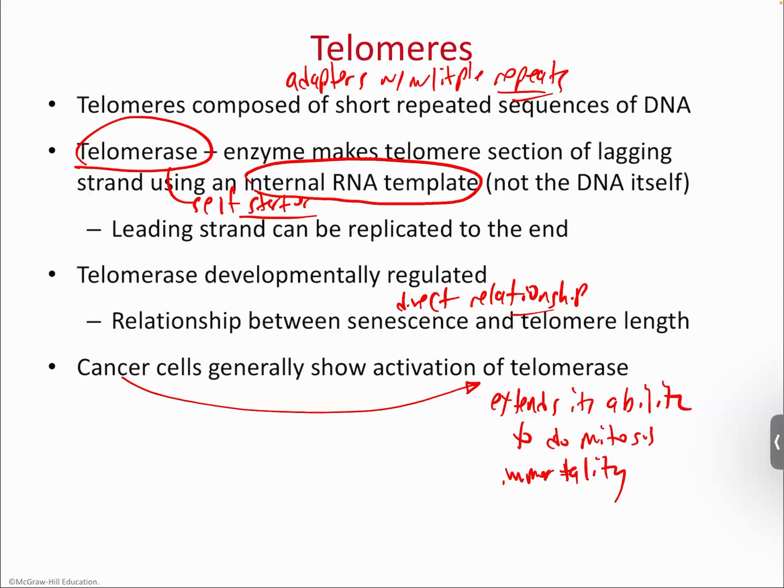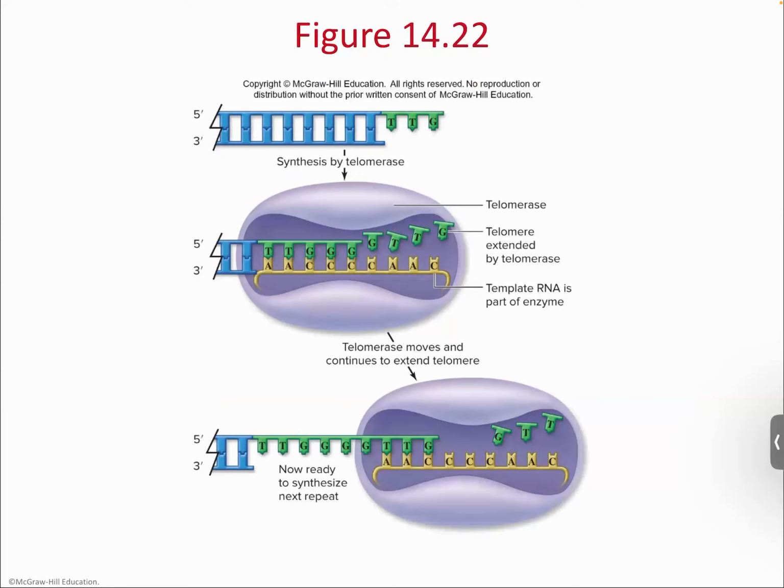Cancer cells, when they become immortal, basically get themselves in a situation where they can do as many rounds of mitosis as they want and they'll never die. Why? Because they've mutated or activated telomerase. So they go through a round of mitosis, they extend their telomeres so they can do it again and again and again. So this is an abnormal activation of telomerase. Usually it's not this active, but it's a common target for cancer.